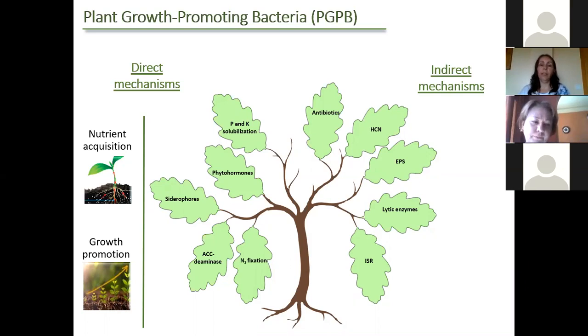Here we can highlight the solubilization of some nutrients by the PGPB, including phosphate and also potassium, or the production of phytohormones, such as indole acetic acid, which is very important in root development, and also the production of siderophores, which are molecules able to chelate iron in the rhizosphere and make it available to plants. Also, the fixation of atmospheric nitrogen or the production of ACC deaminase. This is an enzyme very important in reducing the levels of ethylene in plants.